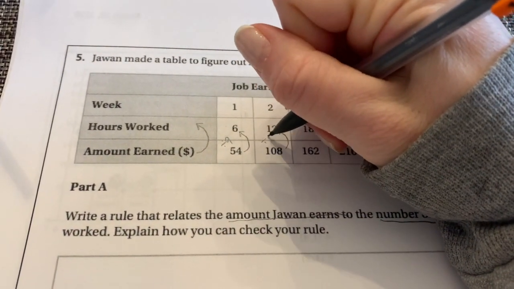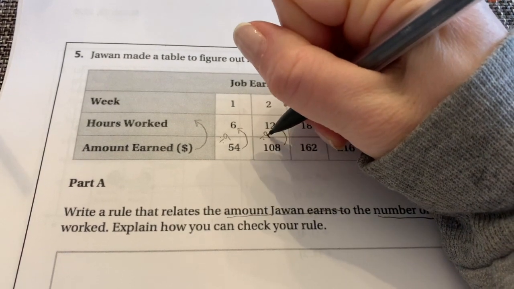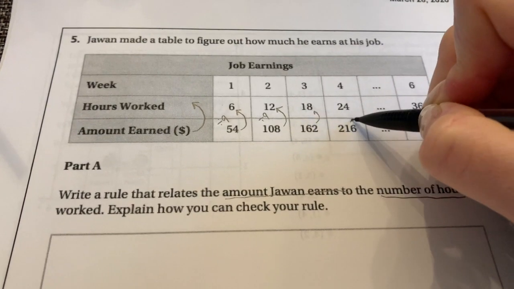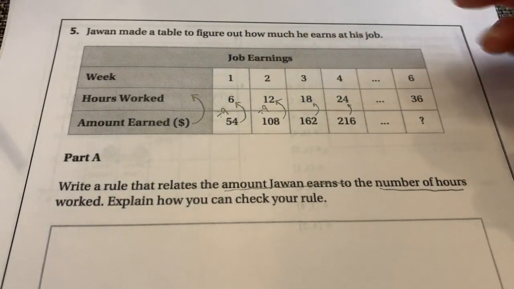Same thing here, and you can always check to make sure. If you take 108 and divide it by 9, you're going to get 12. Okay, and that's true for all of these other big numbers that you don't necessarily want to deal with here, right?